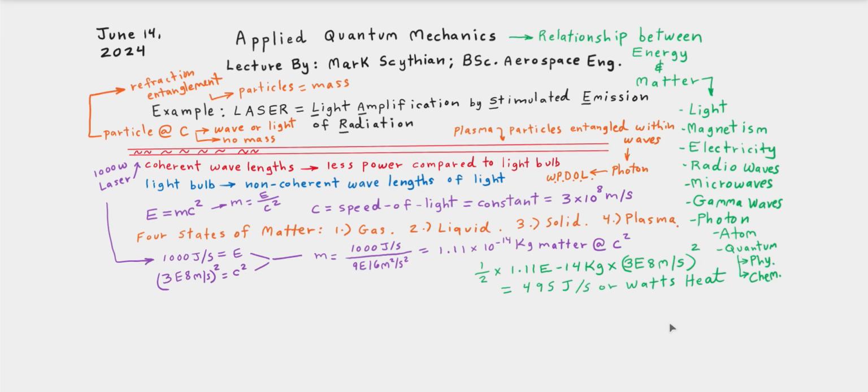And so this practically comes down to the ability to transfer 495 joules per second, or 495 watts of heat through the laser to the endpoint or the target. So there's other things you can do with that laser, including piggybacking microwaves onto them. So now you have a maser, microwave amplification by stimulated emission of radiation.